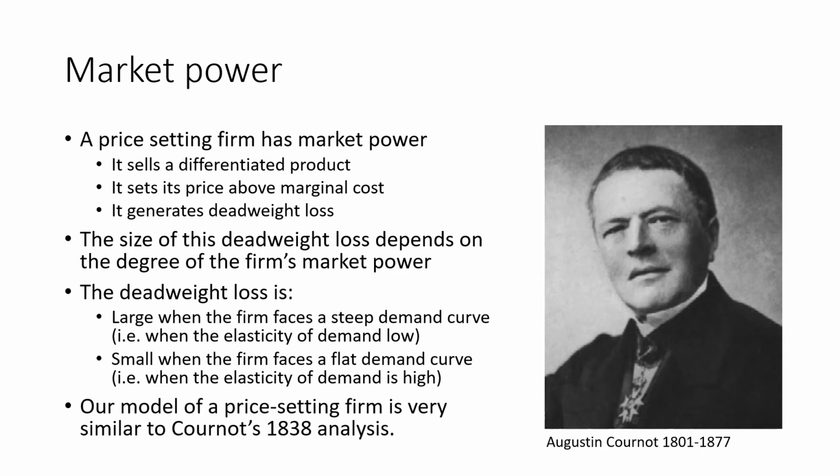So our model of a price-setting firm is very similar to Cournot's 1838 analysis. As I said, we are not going to talk about it here, but this model of price setting is very similar to his analysis.